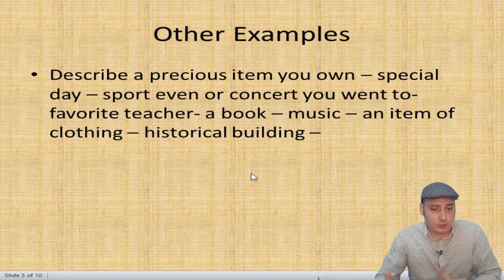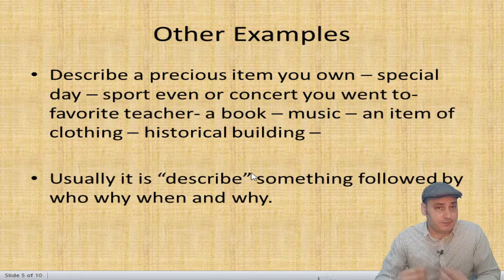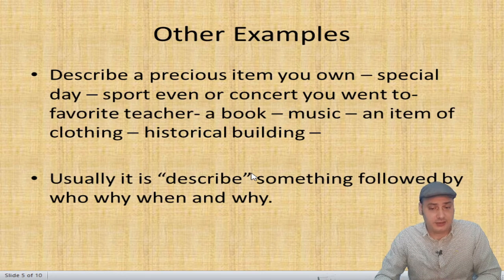A sport event or concert you went to. You need to describe, for example, your favorite teacher. You need to describe a book, music, an item of clothing, or a historical building. Most importantly, usually, not always, this section is describe something followed by why, when, who, etc. Okay?